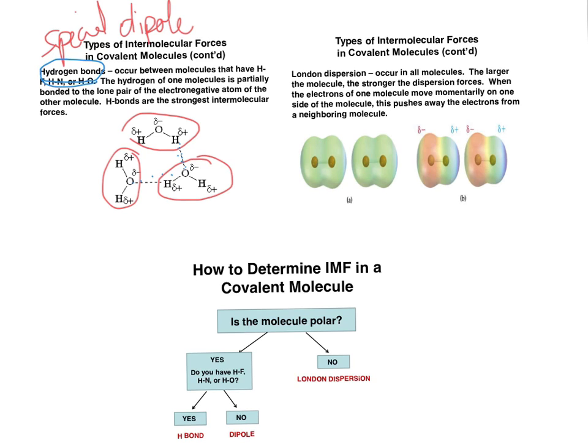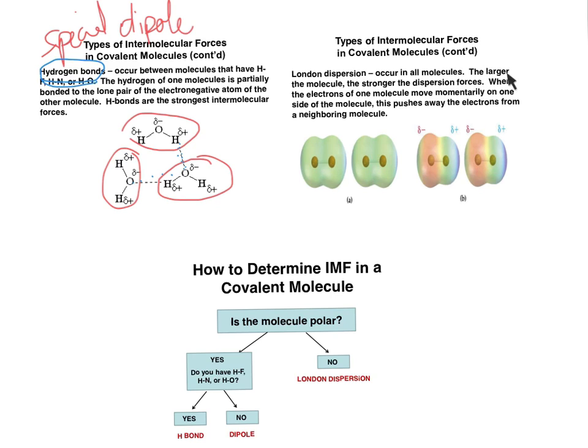Because if it's ionic or if it's polar, then you have either ionic interactions or dipole or hydrogen bonding, which are way, way stronger than London dispersion. So it's negligible in any of those. It's only significant in nonpolar molecules. These are very, very weak. And like I said, they occur in all molecules. The larger the molecule, the stronger the dispersion forces.